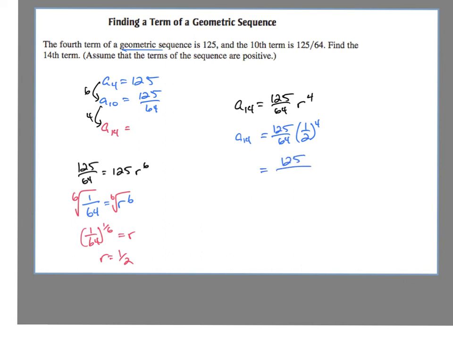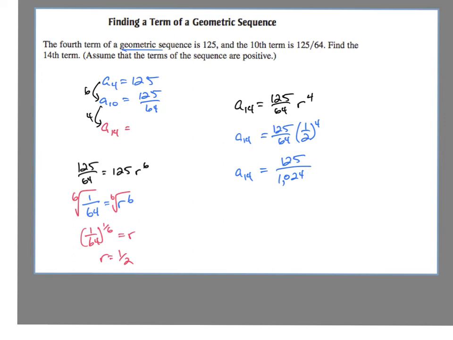And then I have 64 times 2 to the power of 4. Well, 2 to the power of 4 is 16. 16 times 64, this is where we're going to need to calculate it. And what do we get? 1024.